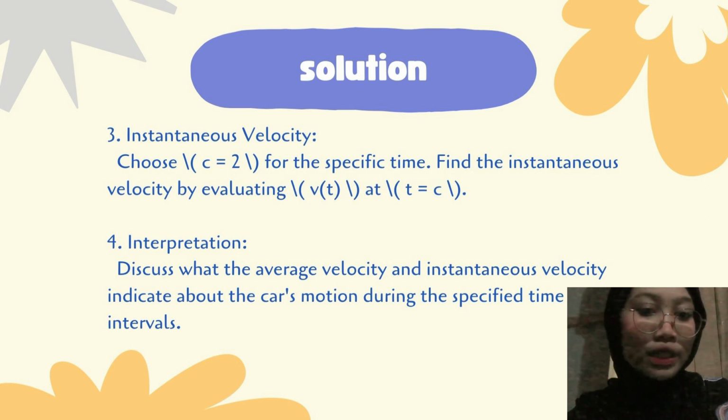For the specific time, find the instantaneous velocity by evaluating v(t) at t equals c. Next, interpretation: discuss what the average velocity and instantaneous velocity tell us about the car's motion during the specific time interval.